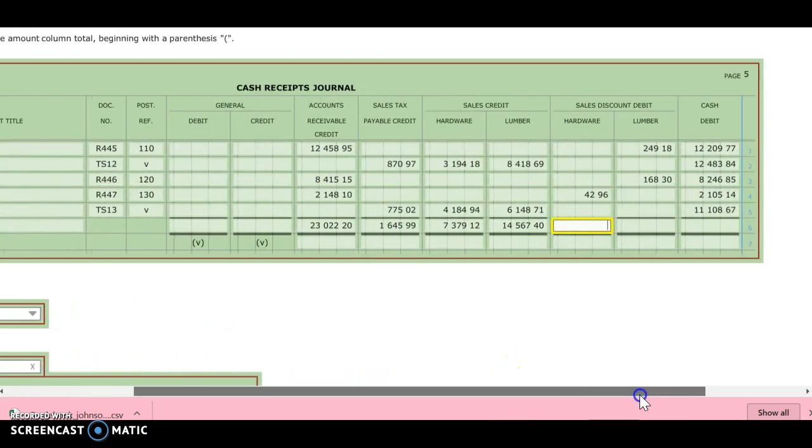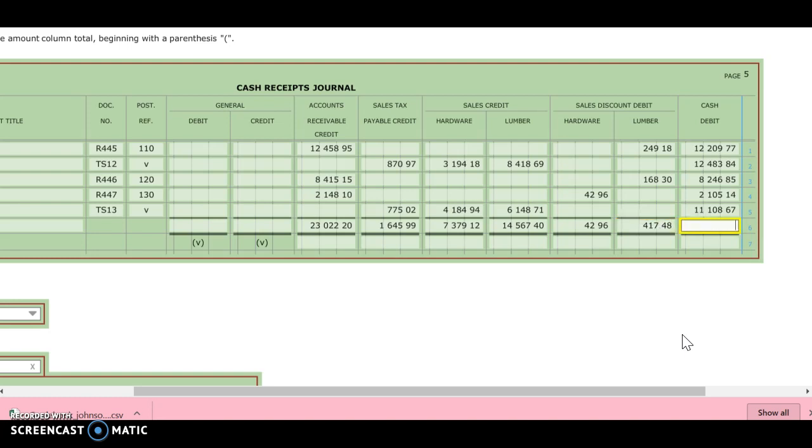My sales discount debit for hardware is going to be $42.96. My sales discount debit for lumber, $417.48.